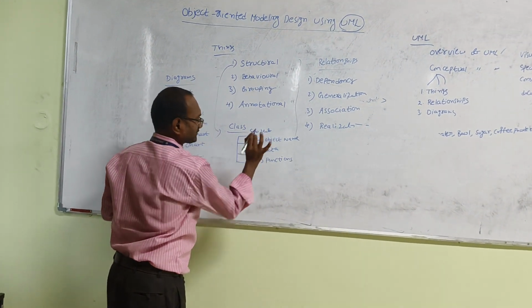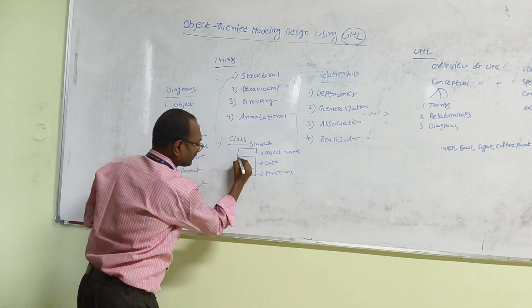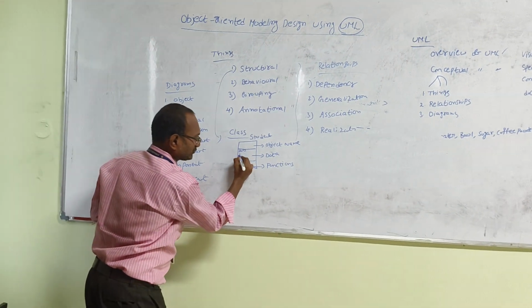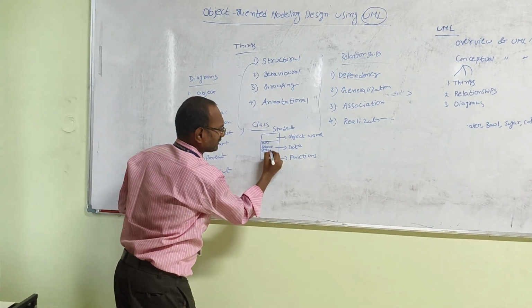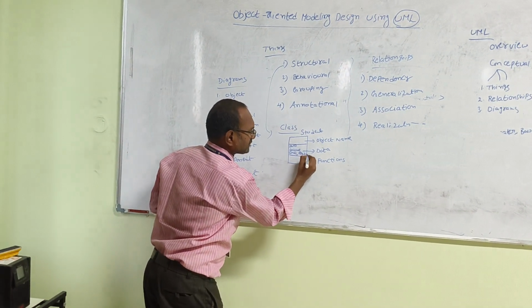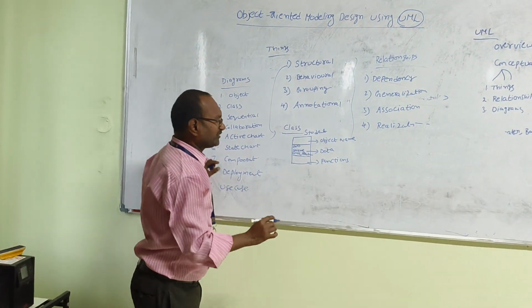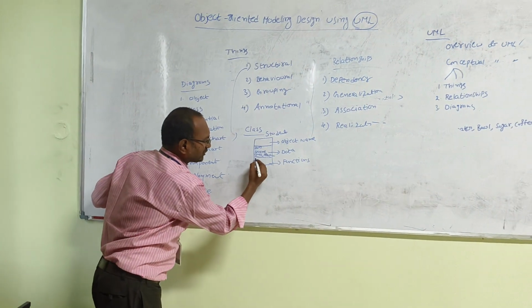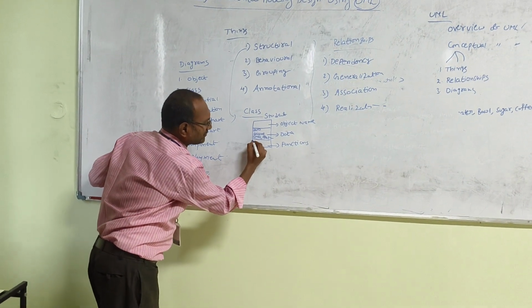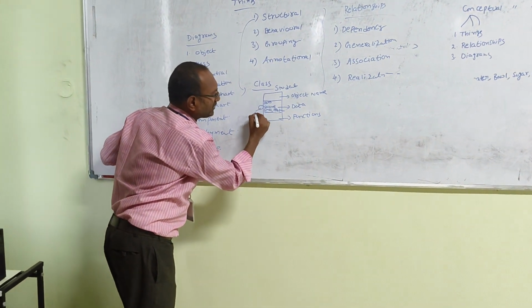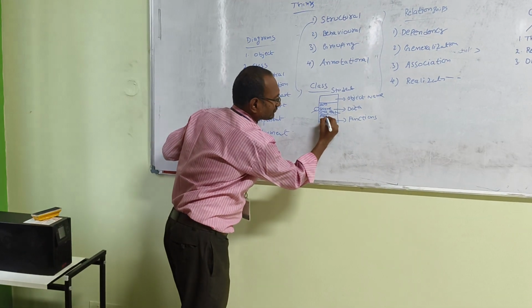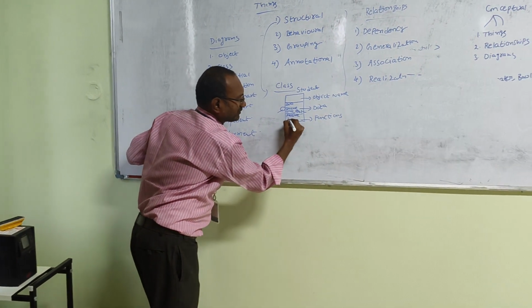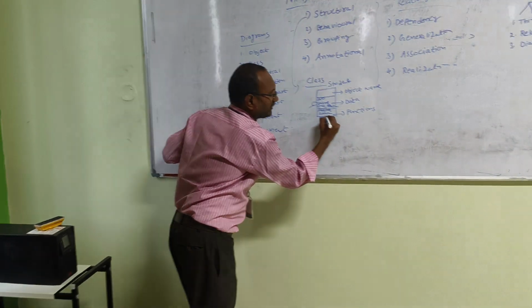Student is the class name. Data means student number, student name, class, age, section. All are the students' data. Next, functions. Suppose student name is the data; it can be divided into different types, like first name, last name, middle name.